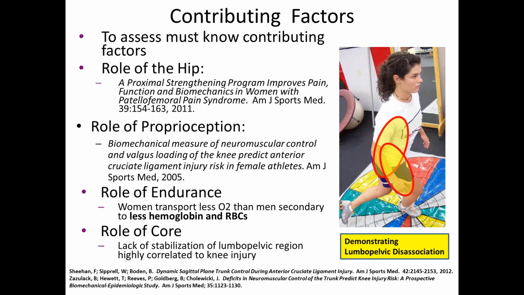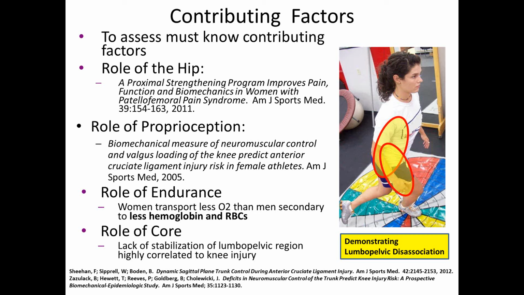But before we know what to test and how to test, we have to know what the contributing factors are. And again, just a look back over the last 10 years of research. There's a tremendous amount of research out there on all of the different contributing factors that add to these pathokinematics.